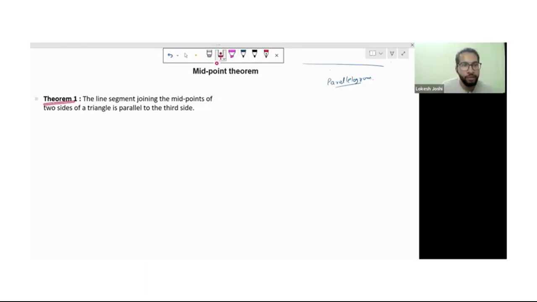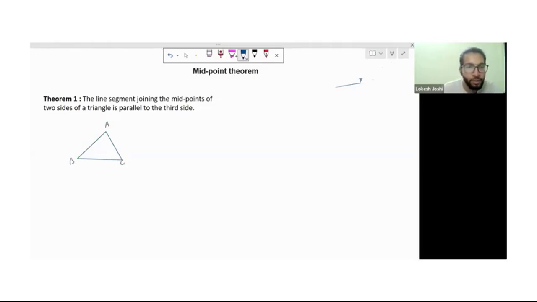First of all, in theorem 1, it's written that the line segment joining the midpoints of two sides of a triangle is parallel to the third side, which means suppose we have any triangle, and maybe this is the triangle ABC.